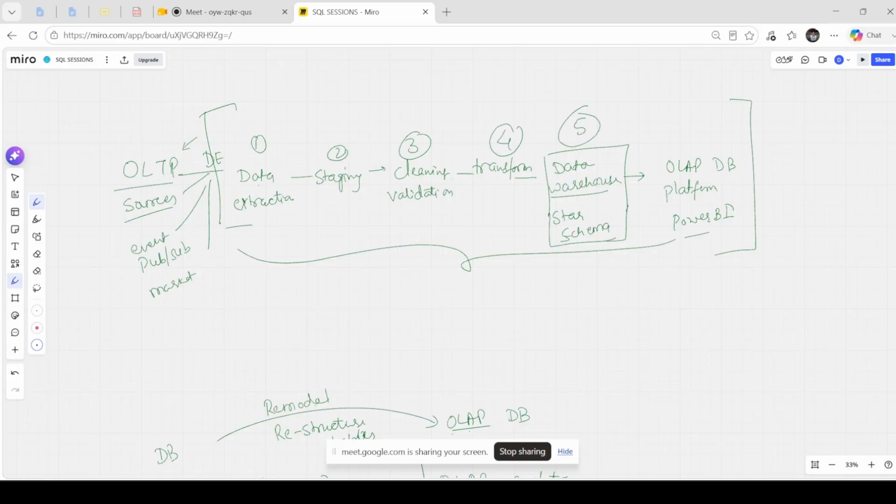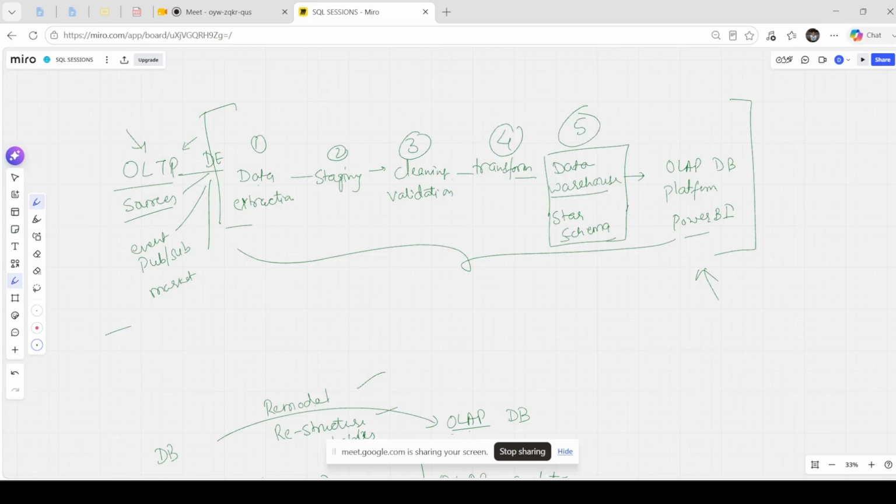As we just discussed, we have to remodel the tables, right? Remodel the tables how? It means that the tables which were created here, which were normalized, are not going to help us because these were write heavy, and now my database has to be read heavy, right?